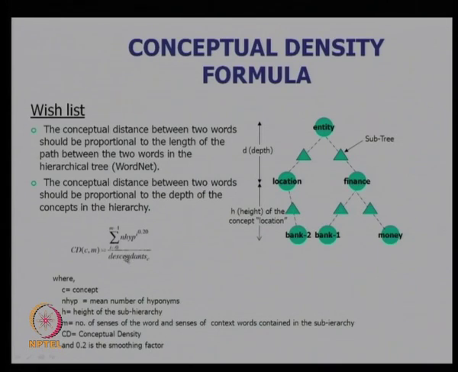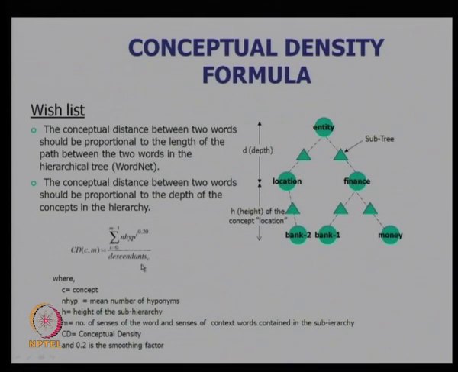So, this is the formula. The formula is CD(C, m) equals the sum over i equal to 0 to m minus 1 of nhyp to the power i to the power 0.20, divided by the descendants of C. C is the concept, nhyp is the mean number of hyponyms, h is the height of the sub-hierarchy, m is the number of senses of the word and senses of context words contained in the sub-hierarchy, CD is the conceptual distance, and 0.20 is the smoothing factor.